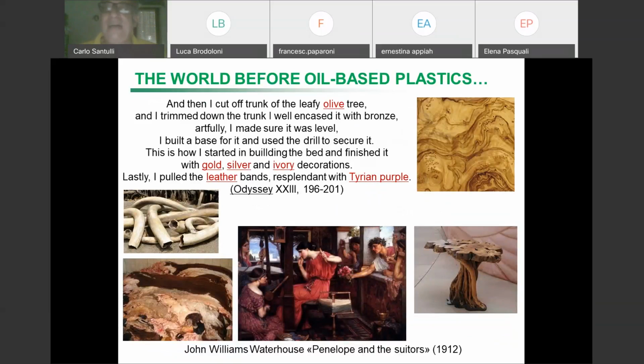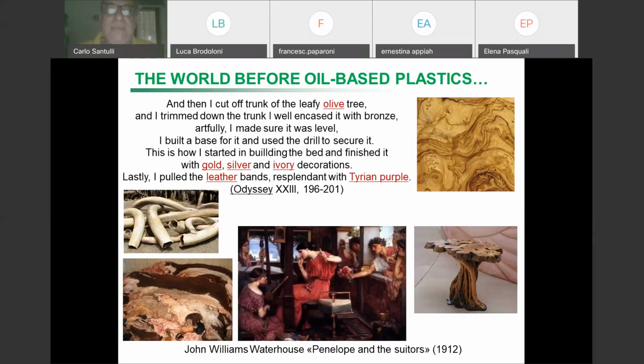One of the first, I would say, material science texts comes back to Homer, to the Odyssey, when Ulysses came back to his wife Penelope, and he wanted to be recognized by his wife, and the best thought of was to recount, to narrate how he built their bed.